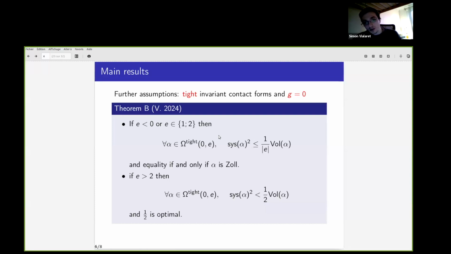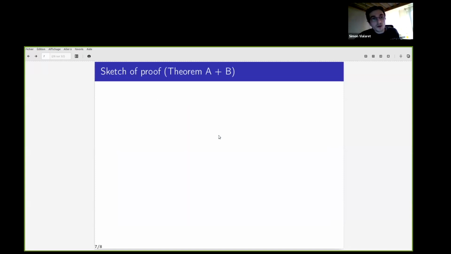By optimal, I mean that there is a sequence of contact forms in this space such that the ratio, the square of the systole over the volume, tends to 1/2. That's the second statement: a sharp inequality for tight invariant contact forms on bundles over S2. Now I'm just going to give a small sketch of proof for both theorems, and then I will be done.